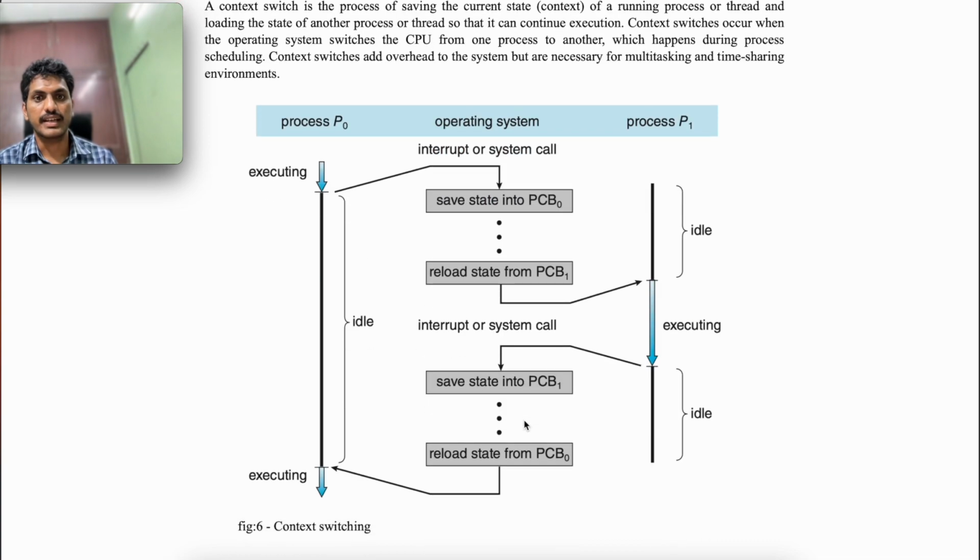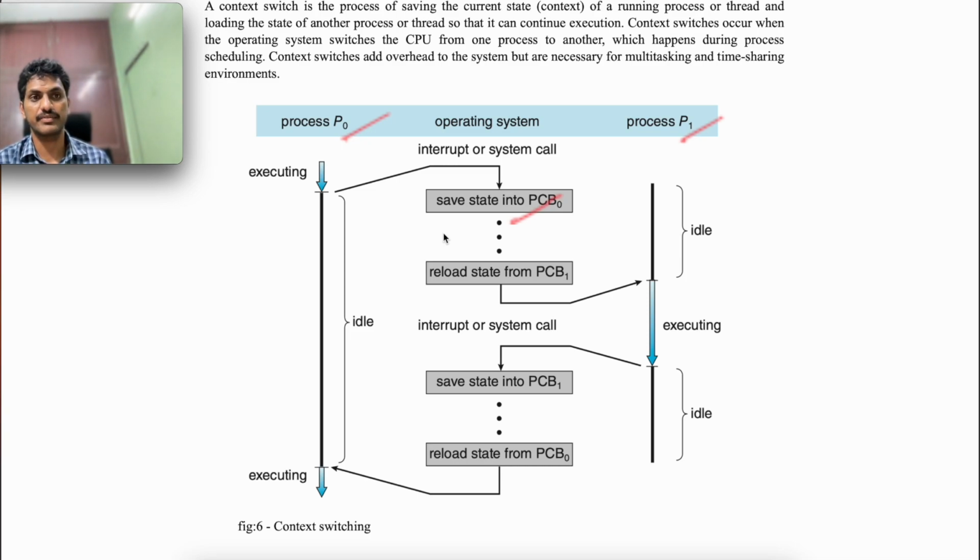See here, there are two processes, P0 and P1. Save the state in the PCB, the process control block. After some time, it reloads the state from the PCB.